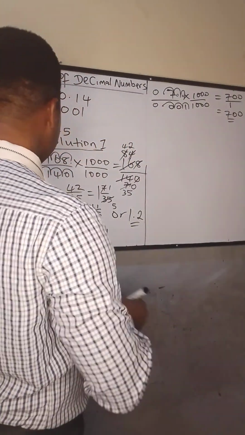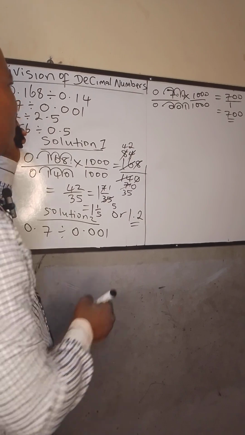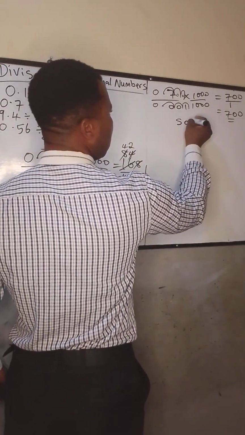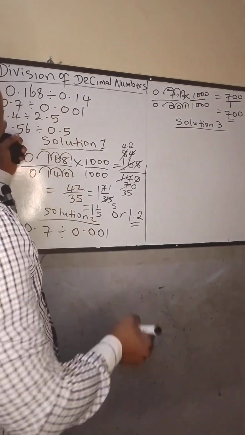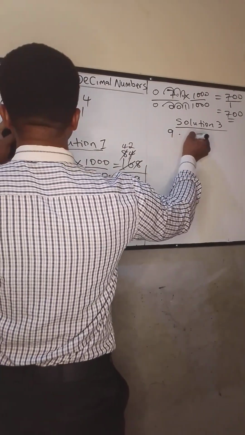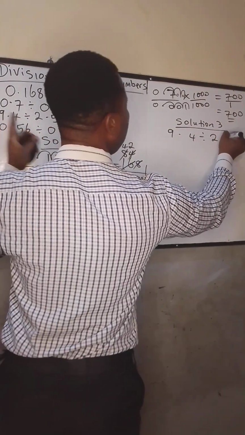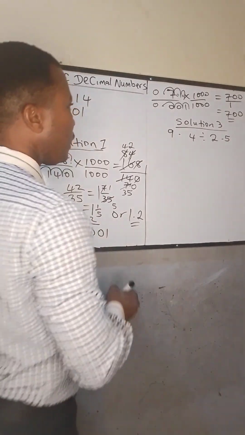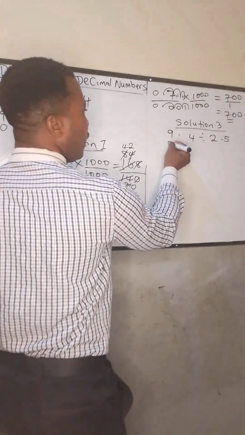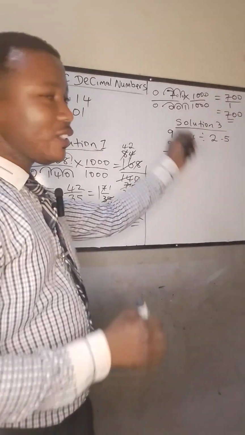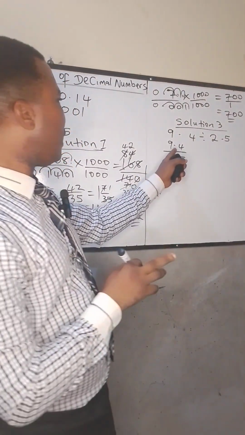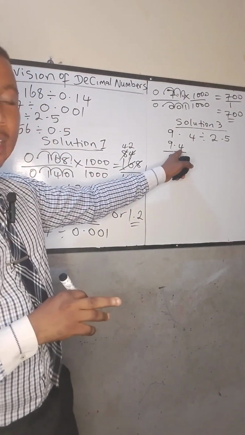Okay, let's look at the third question. That is solution 3, which is what? 9.4 divided by 2.5. So in this one now, as you can see, it's going to be 9.4 all over 2.5. Remember what I told you? How many decimals do we have here? Here we have just 1 and 1.